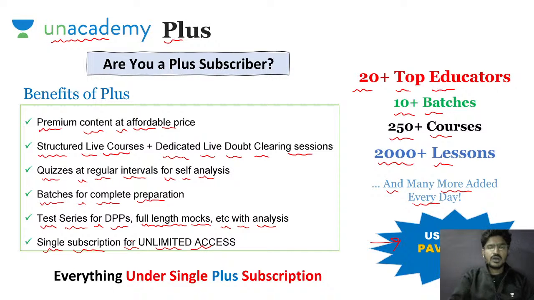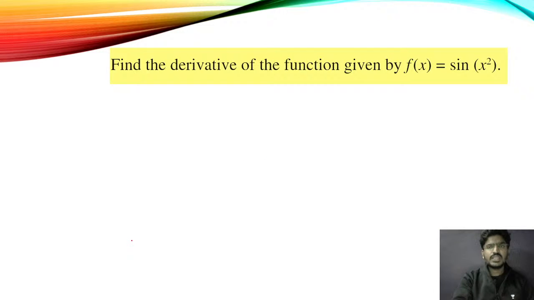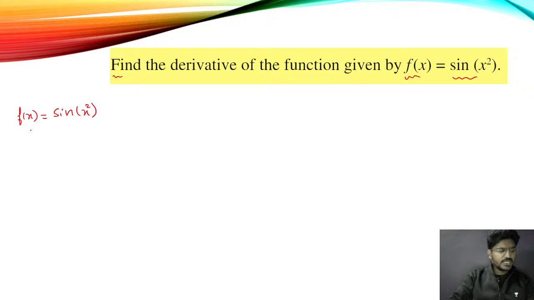Clear? Okay, now let us move to the next slide. See here, find the derivative of the function given by f of x equal to sine of x square. So the given function is f of x equal to sine of x square. Now you have to differentiate this.